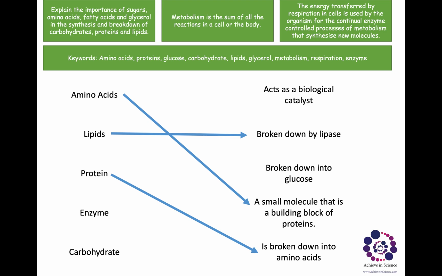Proteins are broken down into amino acids. So you can see the key relation between amino acids and proteins. Now you've got two left. Enzymes. Enzymes are catalysts which facilitate reactions. So catalysts help out in the chemical reactions. Carbohydrates are the only one left, broken down into glucose.